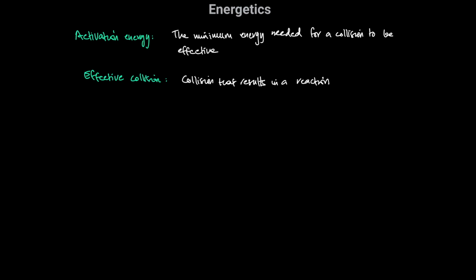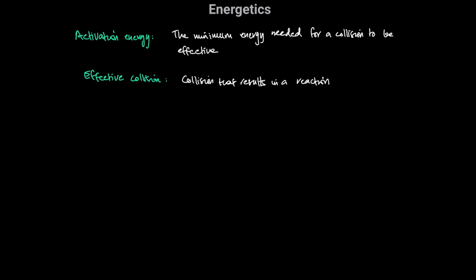When a collision takes place such that the particles collide with enough energy and with the right orientation, that type of collision is called an effective collision. The minimum energy needed for that type of collision to take place is called the activation energy. You can rephrase this as the minimum energy needed for a chemical reaction to take place.